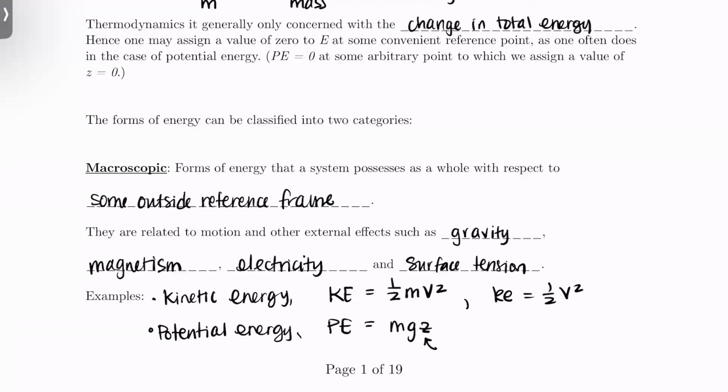Here z is elevation relative to a reference point, and then we have mass and gravity, of course. Specific potential energy is just g times z.